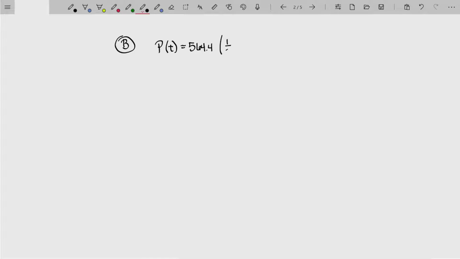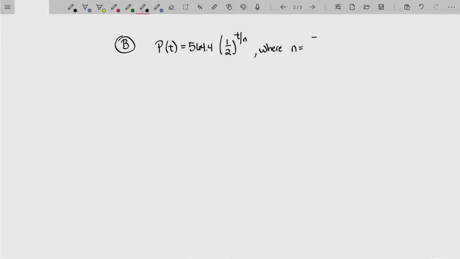Now remember, we have a full actual formula now for the amount of caffeine in this person's system at any given moment. So the formula is P of t equals the initial amount, 564.4, times 1/2 raised to the t over n, where n is that value that we found just a few moments ago.